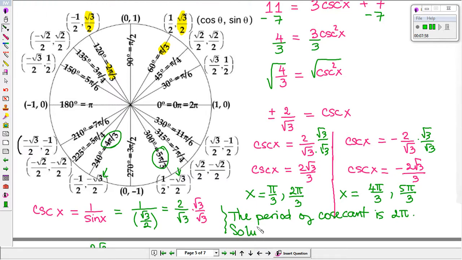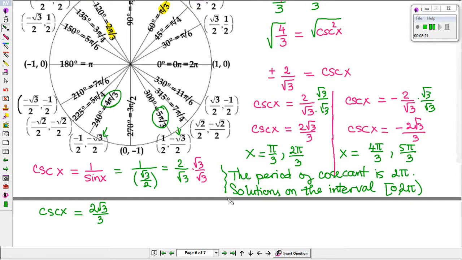Therefore, our solutions on the interval from 0 to 2 pi are pi over 3.